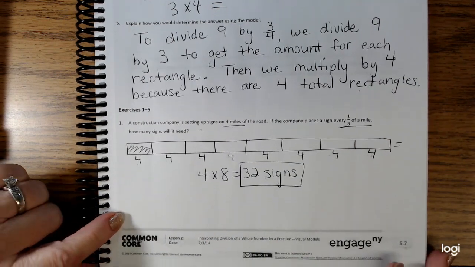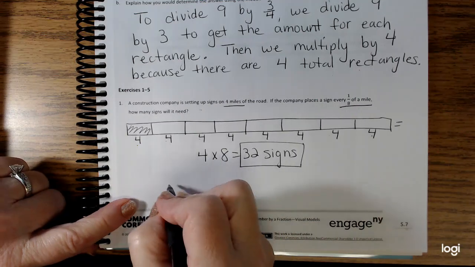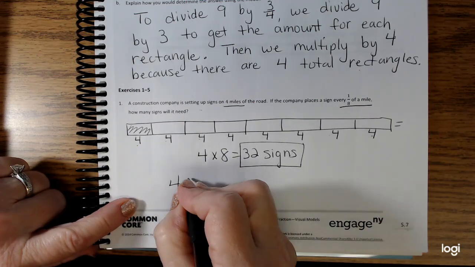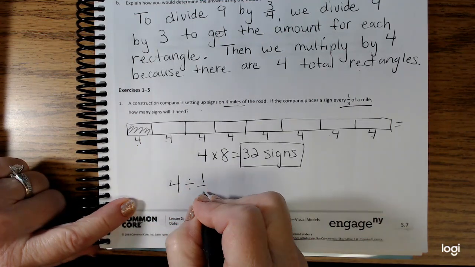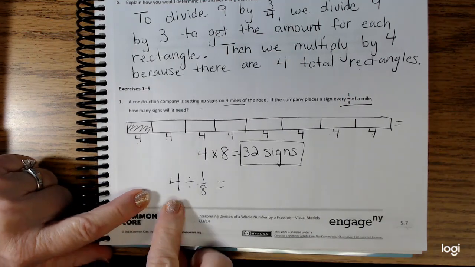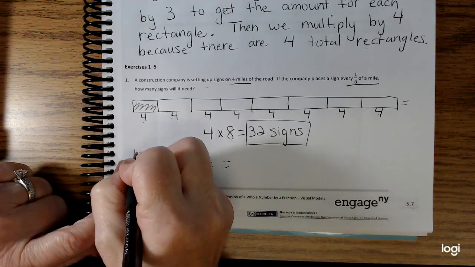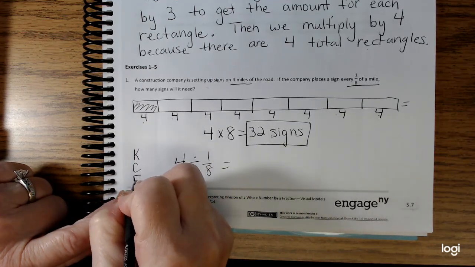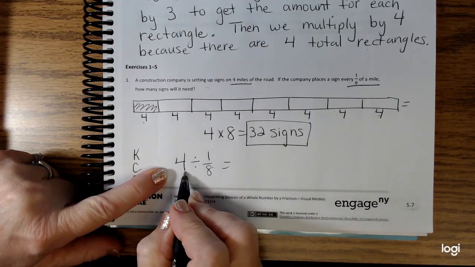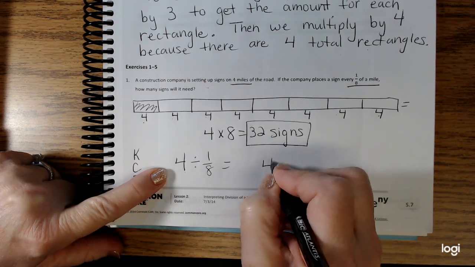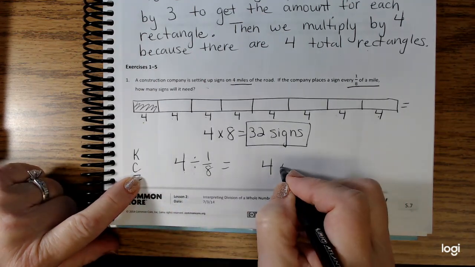Now, if I wanted to, I could write my division problem like this. 4 miles divided by 1/8. Remember, the rule is keep, change, flip. Keep, change, flip. Well, I'm going to keep the 4. I'm going to change to multiplication.